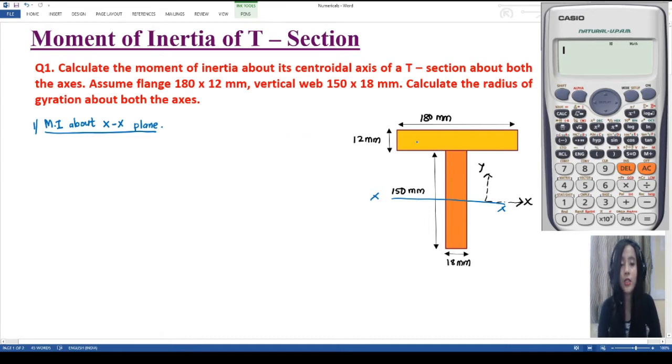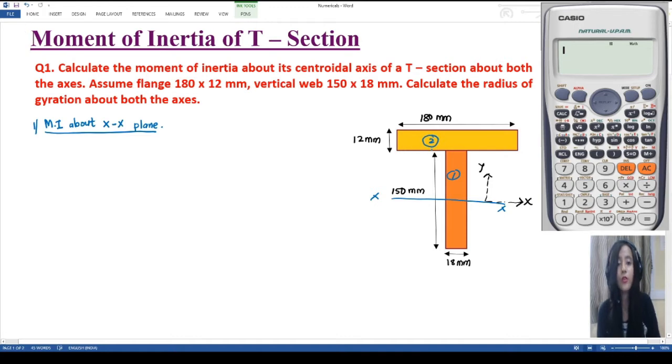The numerical is similar to the I section, and in the I section what we have done, we went as section 1 and section 2, and there was a bottom flange, and for that we went as section 3. So today in this case, let us go 1 and 2.